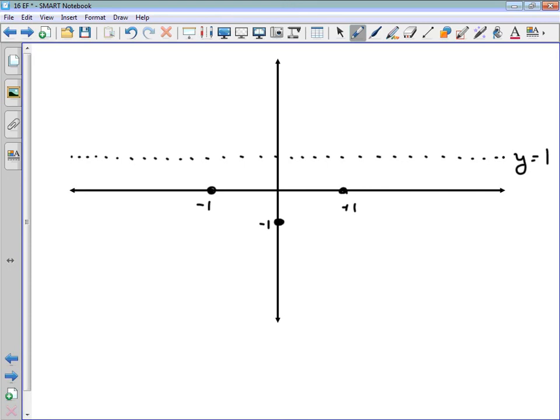So at this point right here, this thing is going to do something kind of like that. From our increasing decreasing table, our function has to be decreasing on this side of the y-axis and increasing on this side.